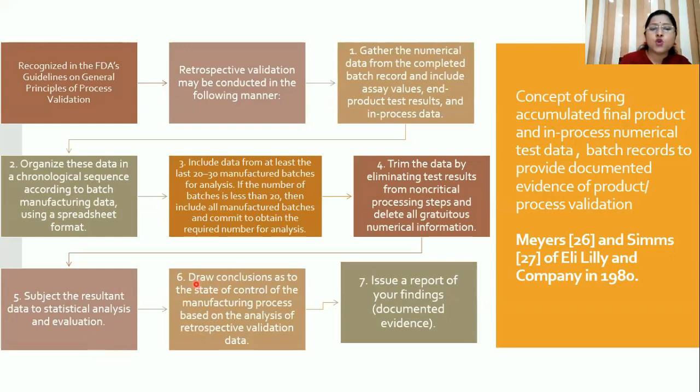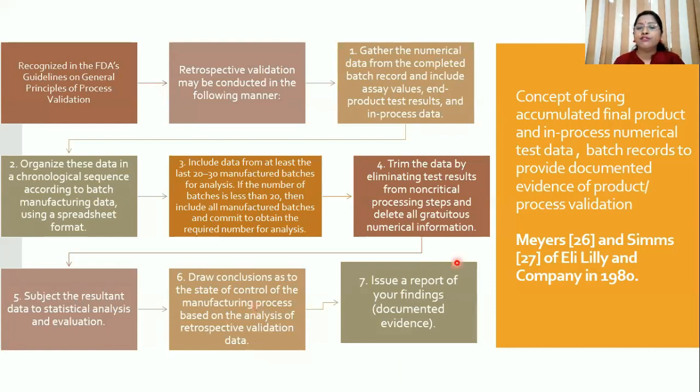Then the sixth one is to draw conclusions as to the state of control of the manufacturing process based on the analysis of retrospective validation data. So you have to draw the conclusion that all the manufacturing processes are in a state of control, based on the analysis of retrospective validation. You have to prove that even on the basis of retrospective analysis, these processes are in a state of control.